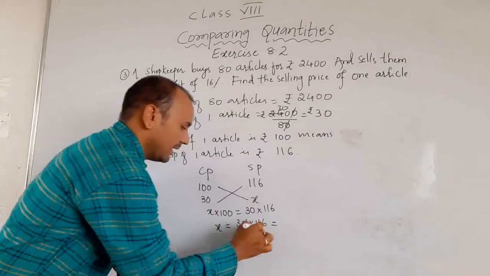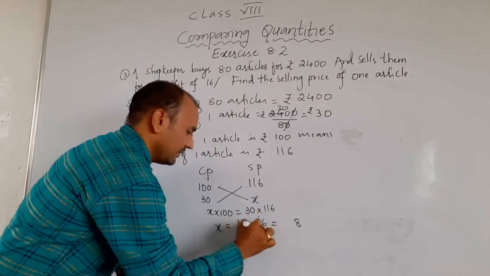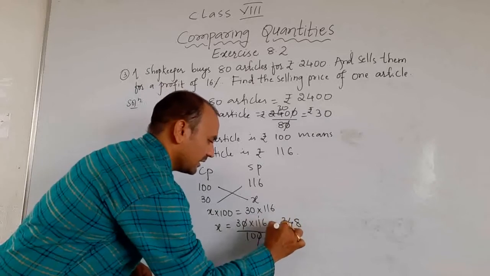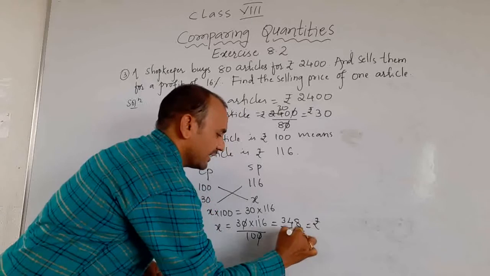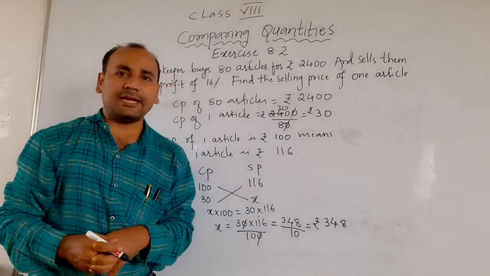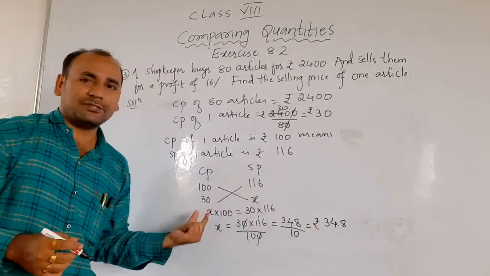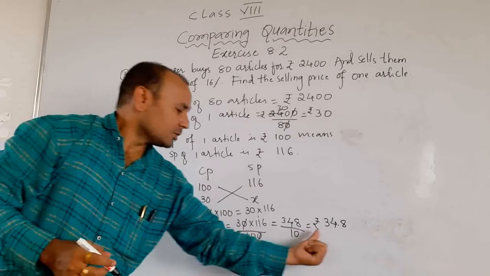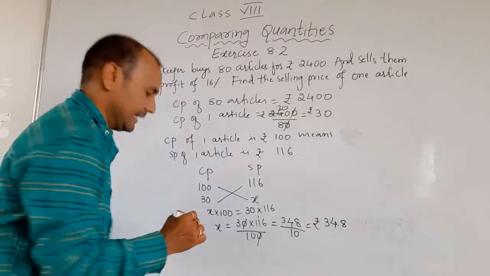So now 116 into 3. 3 6s are 18, carry 1, 3 1s are 3 plus 1 is 4. This is 348 divided by 10. Divided by 10 means it will become 34.8. So this is how we can do the answer without the formula. Right? So the selling price of one article is 34.8.